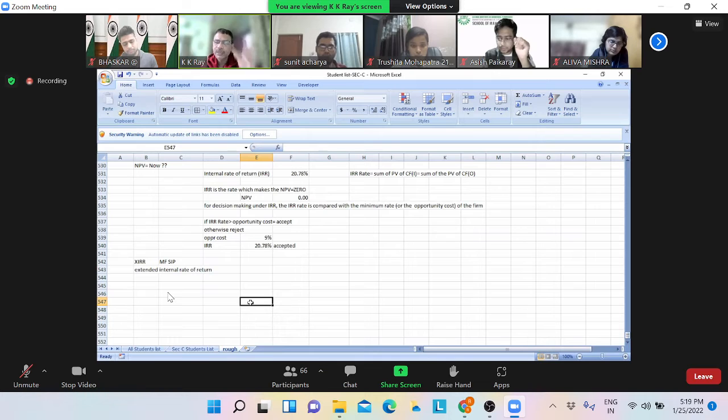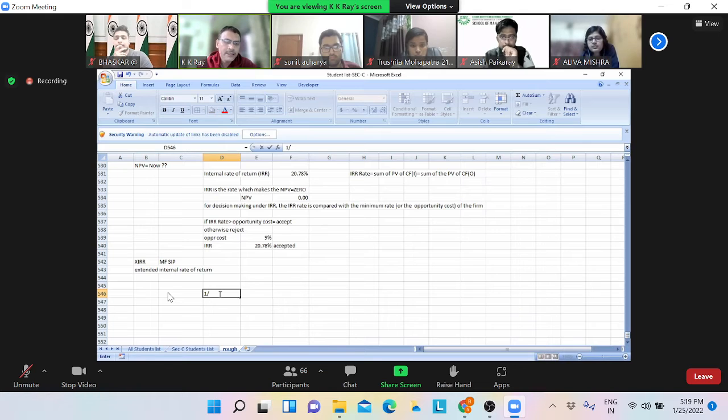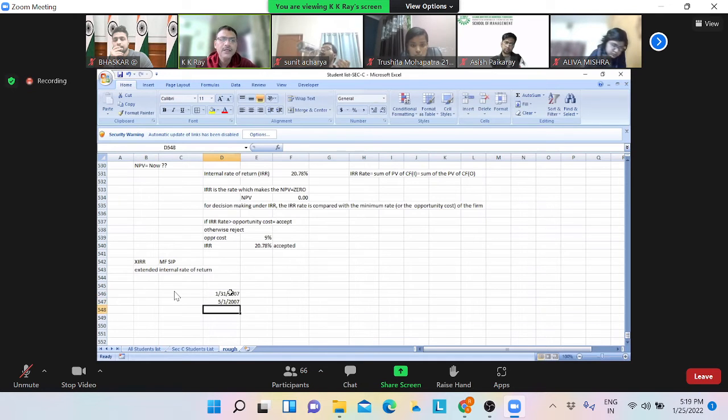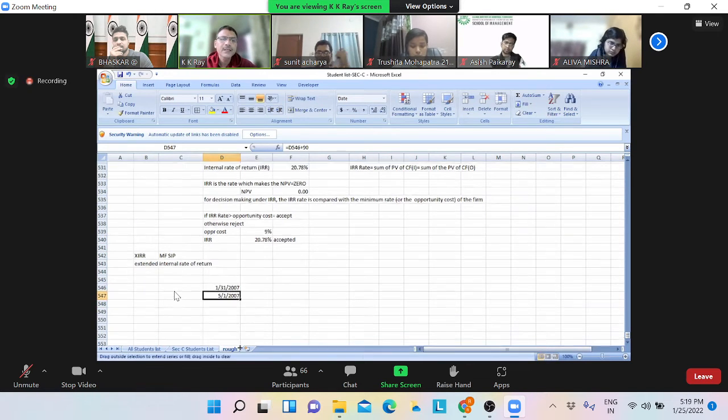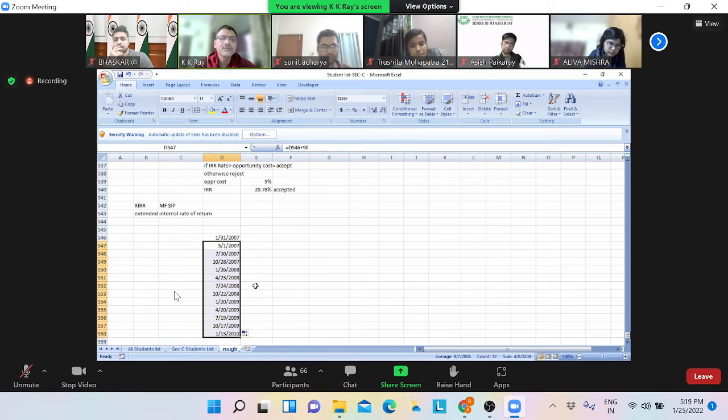Because suppose for a particular period, many people invest and also withdraw money from the mutual fund. Say for example, let's put the date. January 31st, 2007. This is one date. With this, suppose I am adding 90 days. So these are my dates.